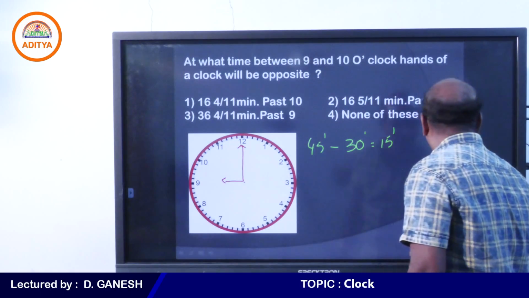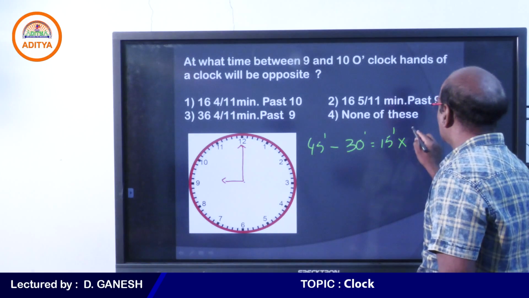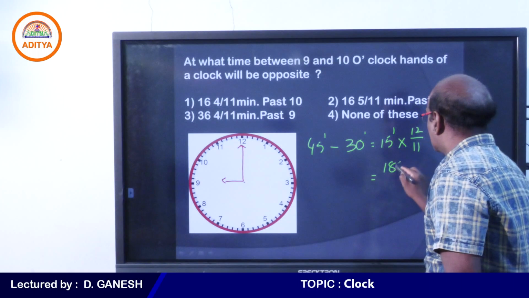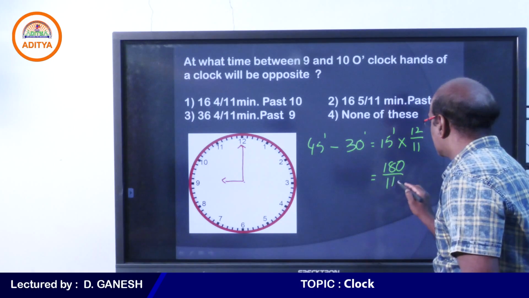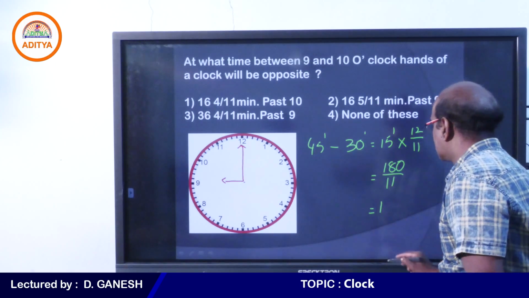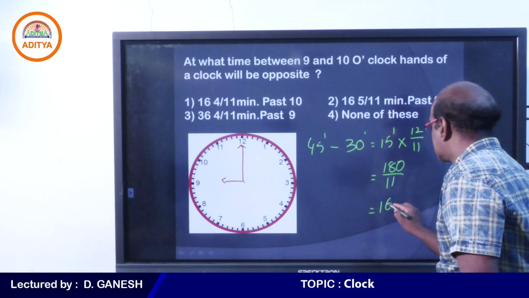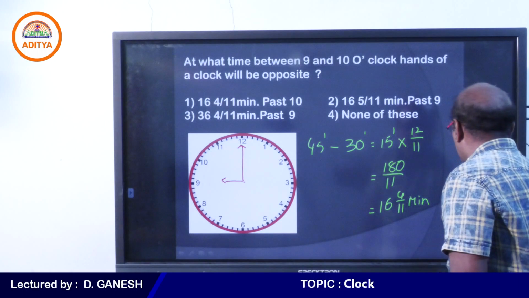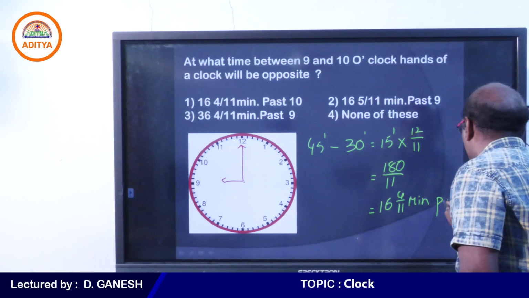But for 15 divisions how much time does it take? 12 into 15 is 180, 180 by 11, which is 16 and 4 by 11 minutes past 9 o'clock.